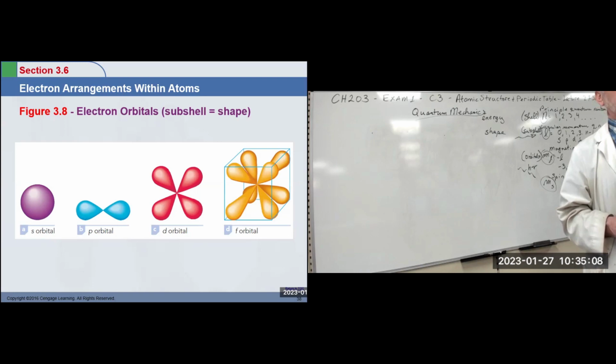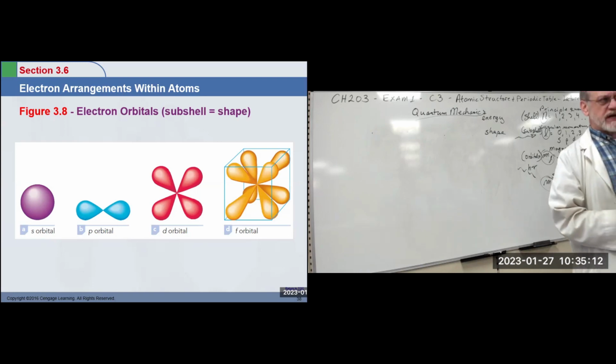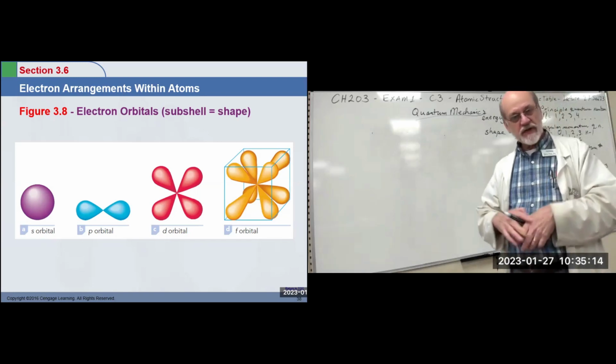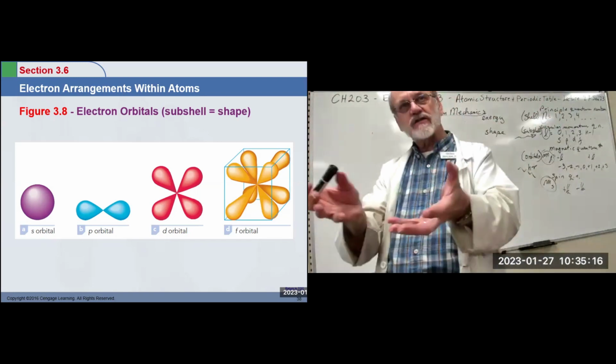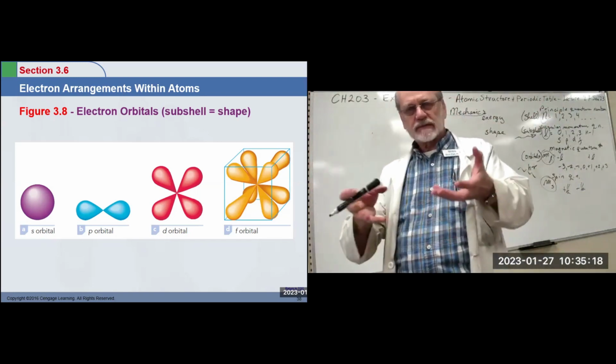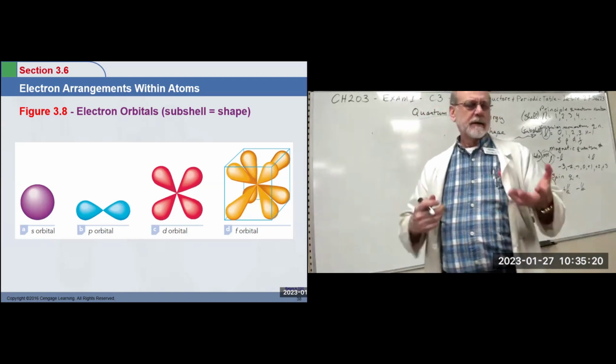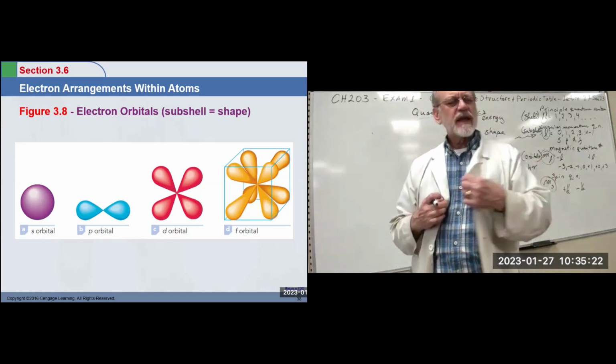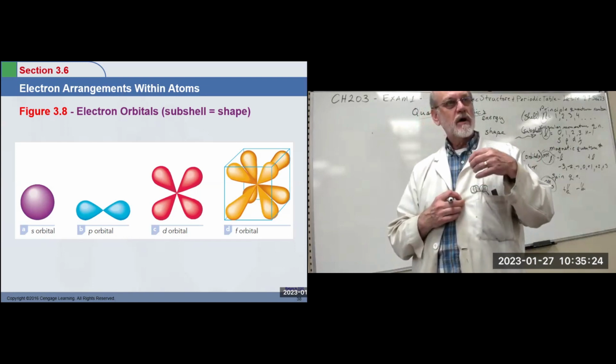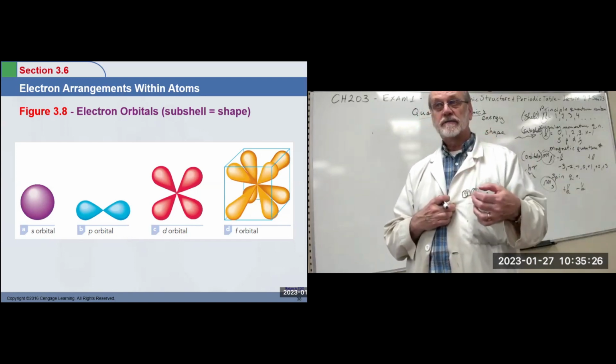What's most likely to happen? What's most likely to be the shape? And what we're doing with these representations of these orbitals is we're saying this is where the electrons are most likely to be found.